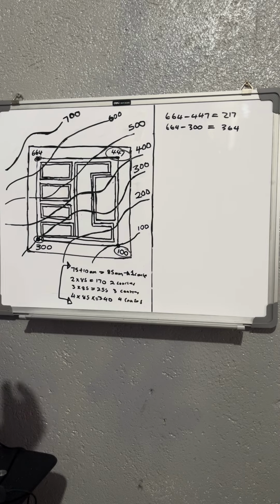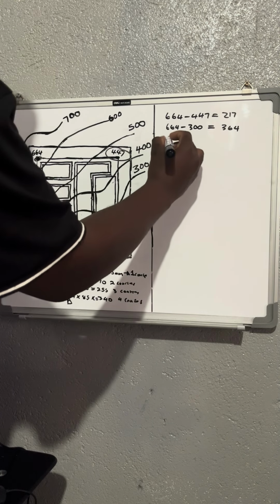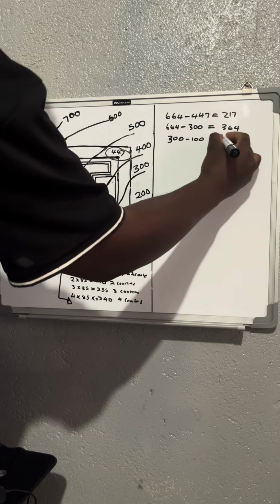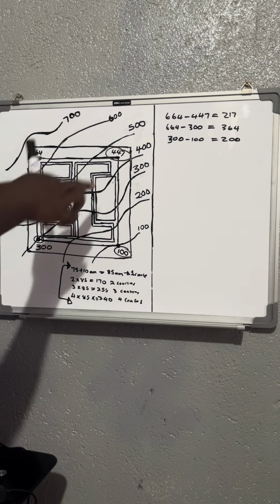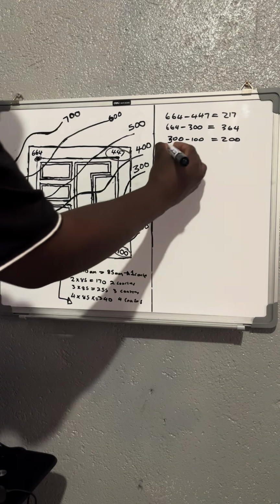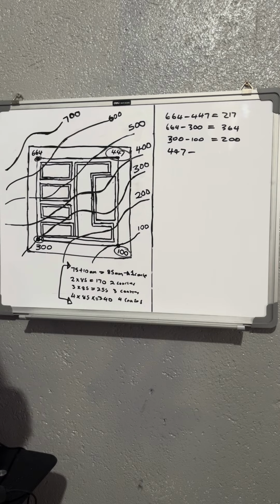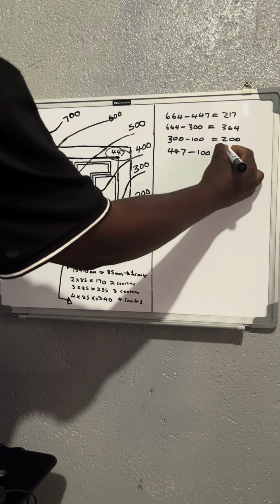Then this one minus this one, we have 300 minus 100, then we get 200. Lastly, we deduct this one, 447 minus 100, and we get 347.